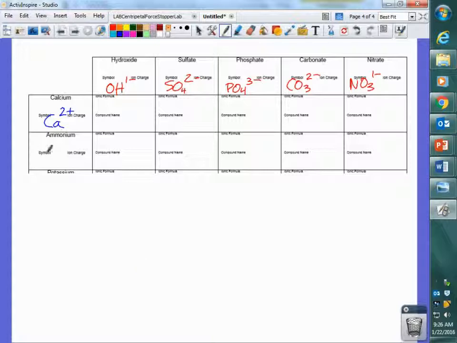So it's NH4, but then that group has a +1 charge as a group. Okay? And then I hope you guys can do potassium and aluminum just based on where they are in the periodic table. Okay? So find potassium. Fill out those last two, and then we'll get doing some examples.